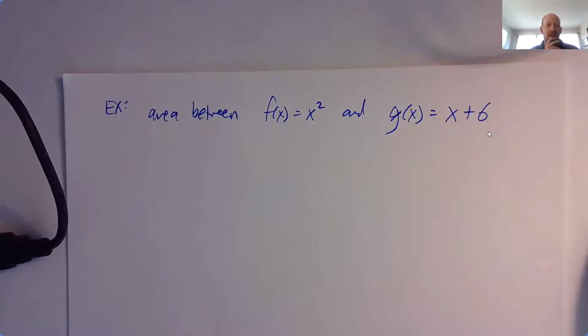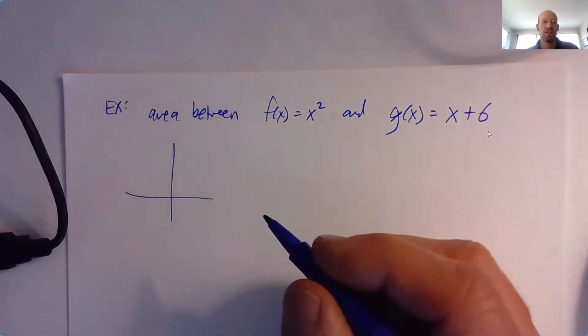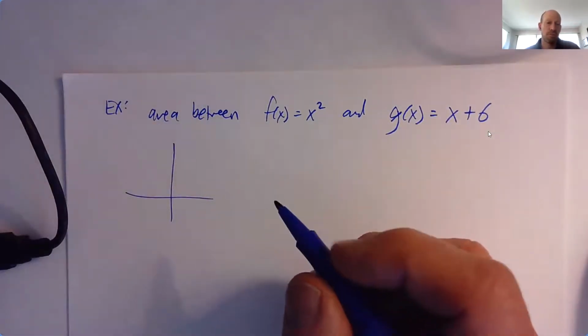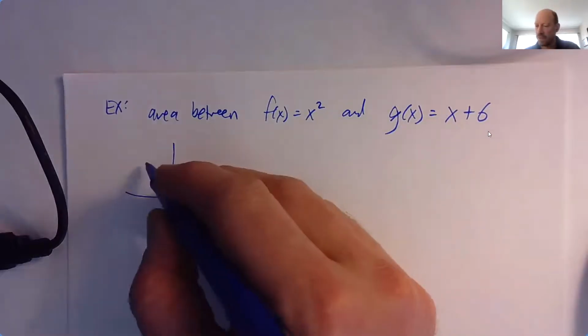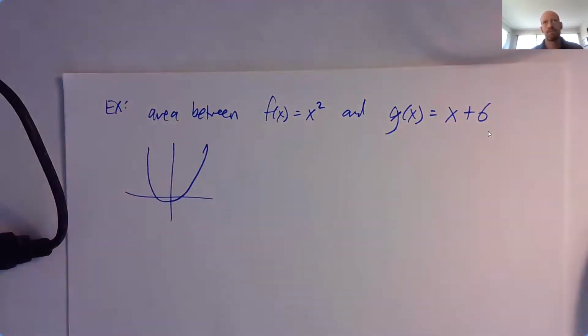I can't just blindly take f of x minus g of x and plug it into a definite integral because that may or may not be giving me exactly what I want. Most of the functions you will see are going to be functions you know, so that's nice. But if you didn't know them, technology would be a good way of coming up with a graph, or just plotting some points would also work.